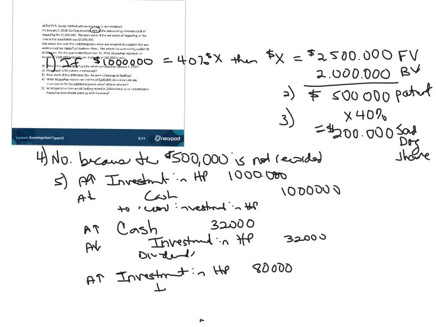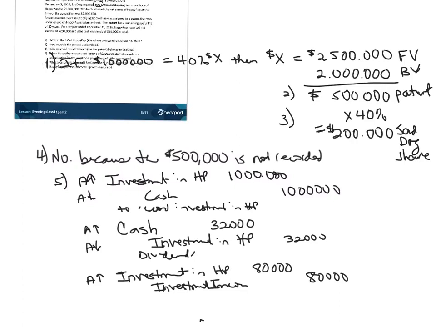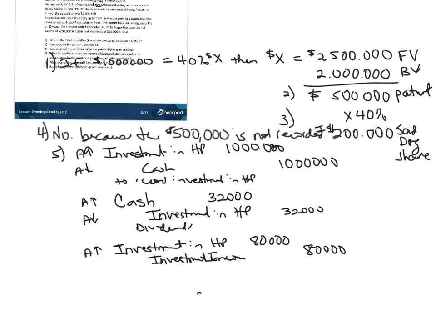And the other side of this was investment income, $80,000. All right, that takes care of these. These are the same entries we did in our last example. That's going through our income statement, right? Investment income is the first thing that we've done that's going to go to our income statement.